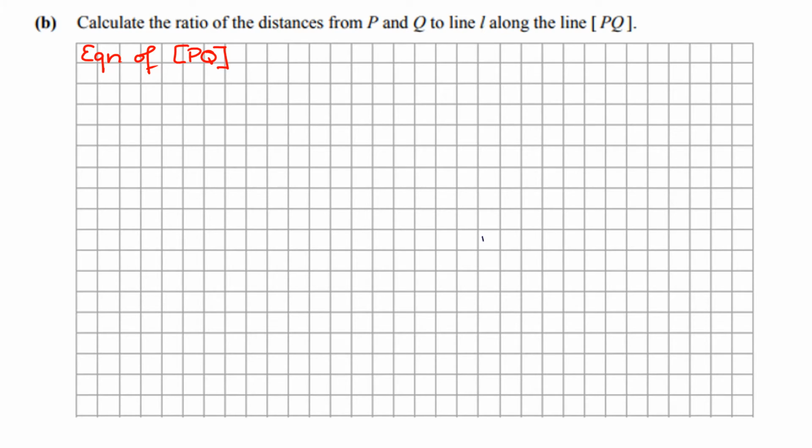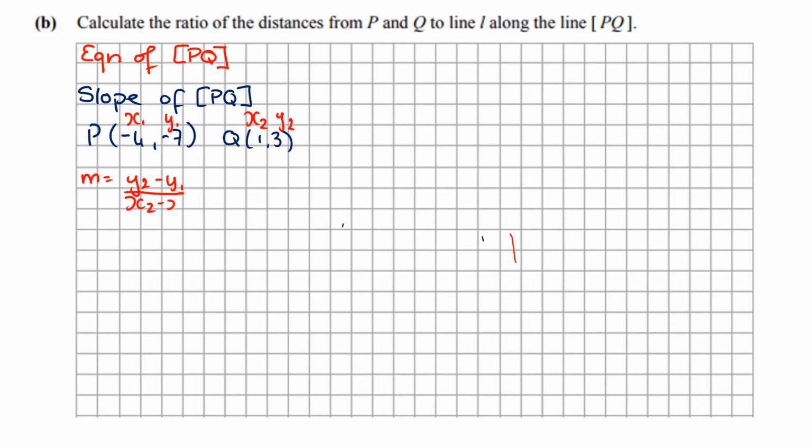So to get the equation, we need the slope. So the slope of PQ, we need to work with our 2 points, P, which is -4, -7, and Q, which is 1, 3. This is our x1, y1, x2, y2. Our slope formula, y2 minus y1 over x2 minus x1, is on page 18.